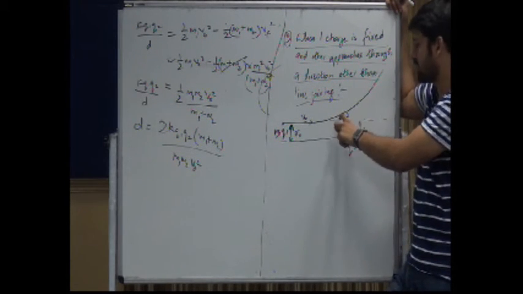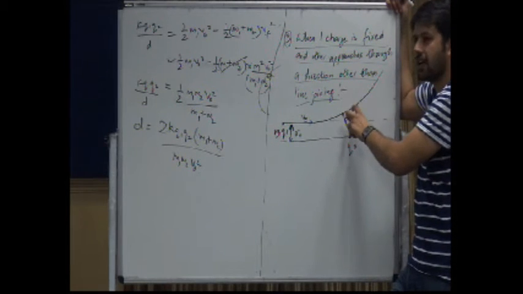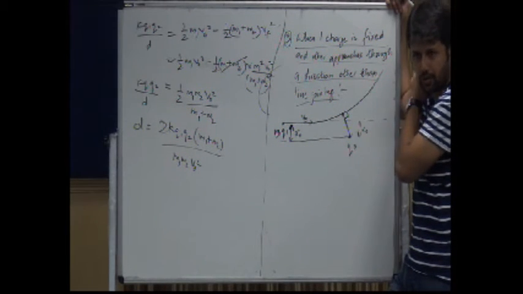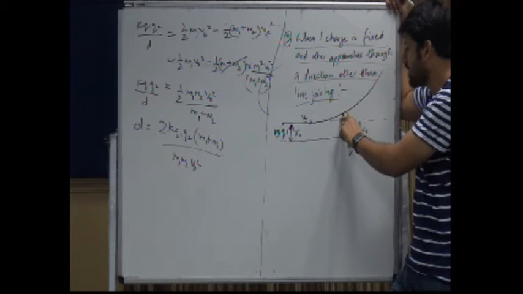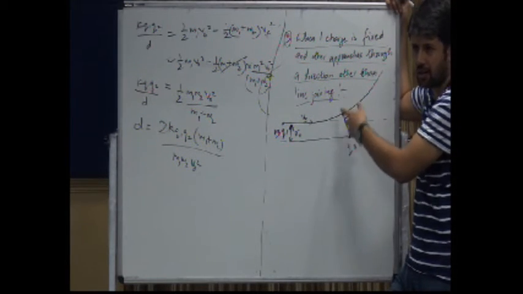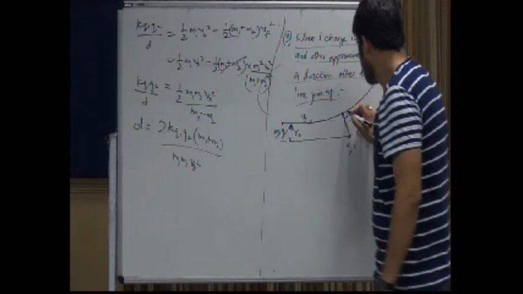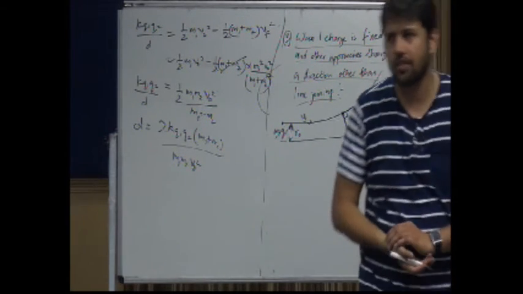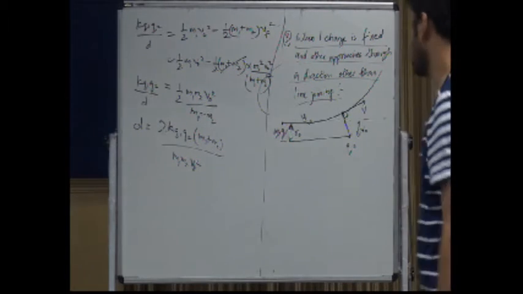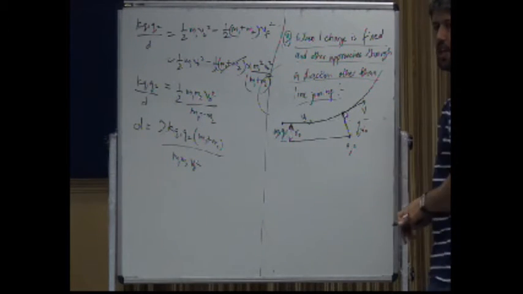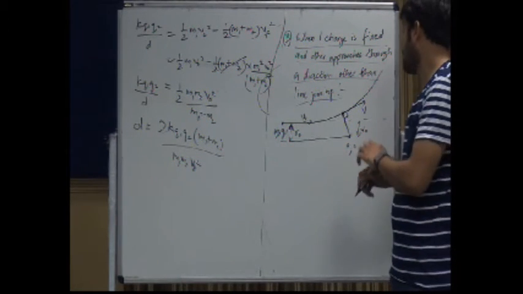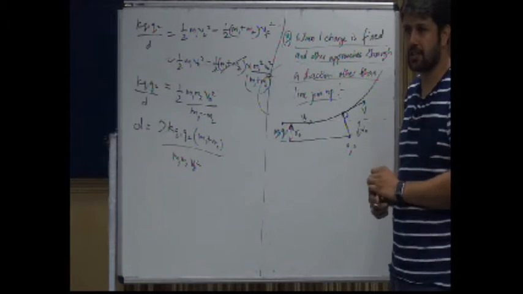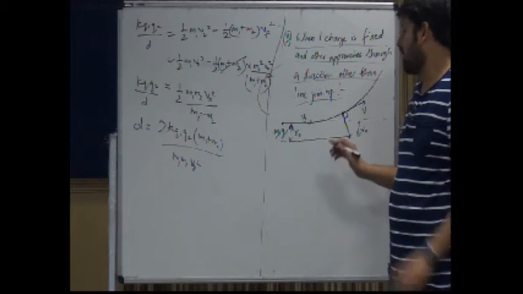So this charge would be closest to the fixed charge when it is at this point, the perpendicular point. At this point the velocity would be v. Obviously v would reduce because of repulsion.